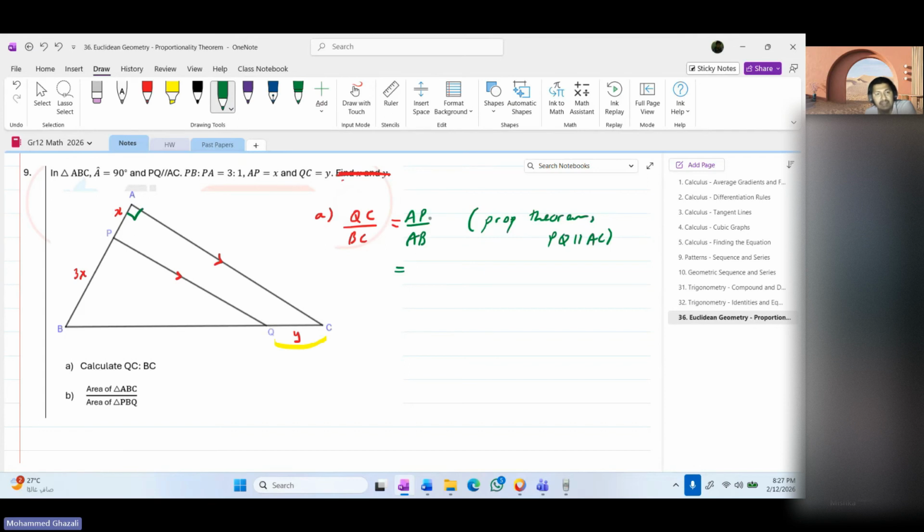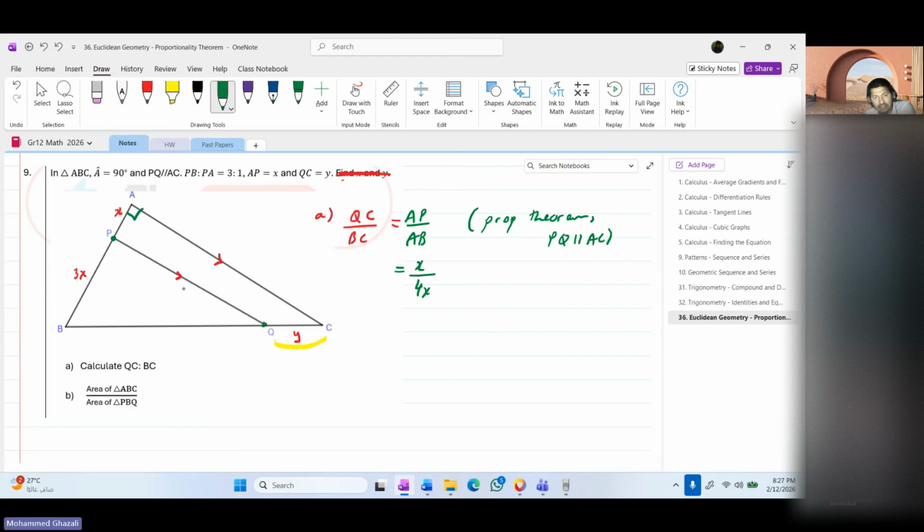What is AP, guys? AP is x. And what's AB? AB is 4x, because you need to add the small x. The entire distance AB is 4x.